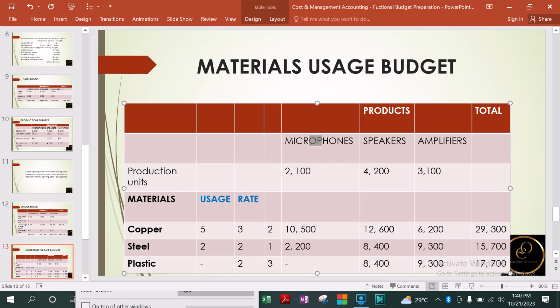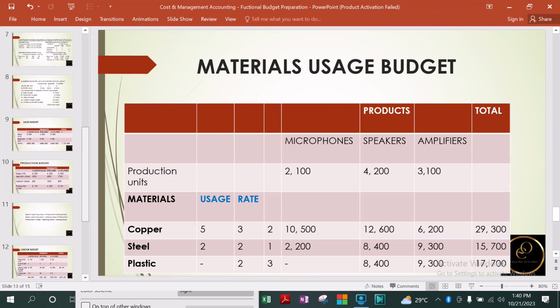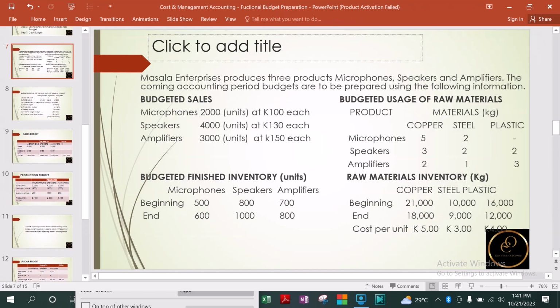In a similar fashion, we come to look at how we use steel on microphone, speakers, and amplifiers. For steel, it requires 2 to go to microphones, 2 to go to speakers, 1 to go to amplifiers.